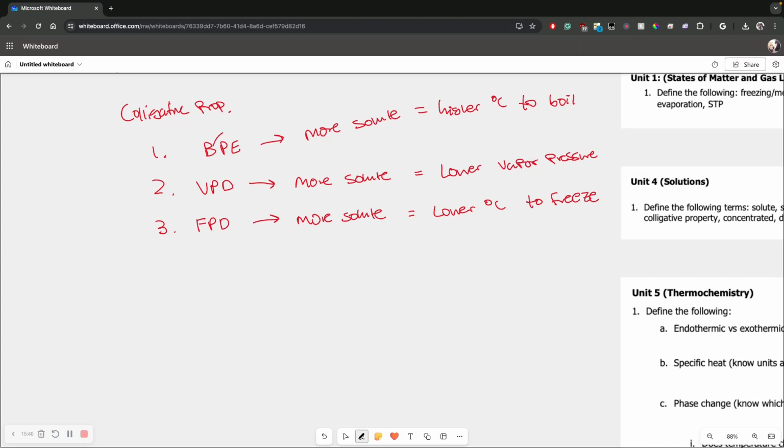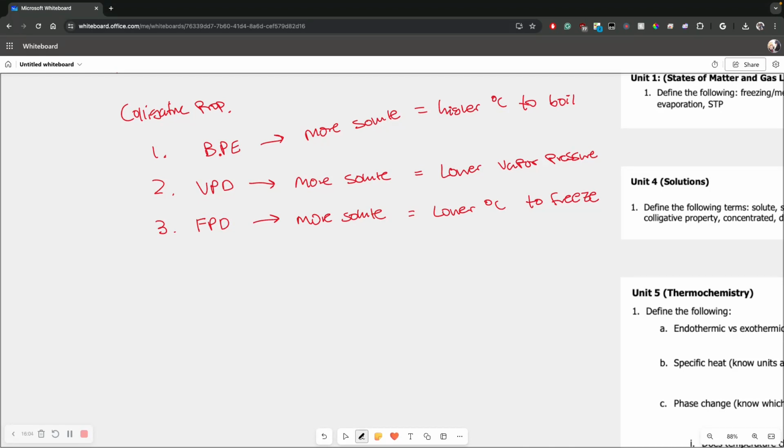And this is the same concept as boiling point elevation, right? The more stuff you have in it, the more energy you're going to need to take out of the solution in order to actually freeze it. That's your colligative properties.